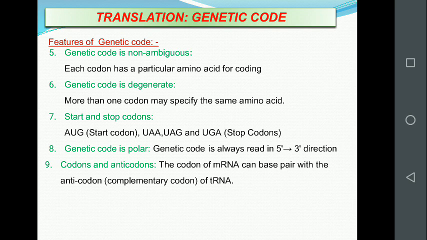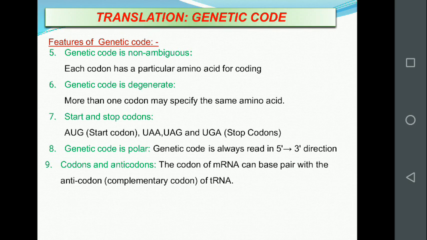And codon and anticodon: you have codons in mRNA, and these codons are recognized by the anticodon in the tRNA molecule. The tRNA is an adapter molecule that specifically recognizes a codon by its anticodon sequence, which base pairs with it, and carries the specific amino acid specified by that codon.